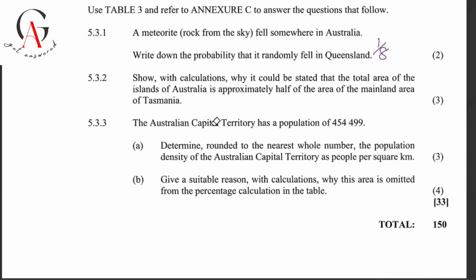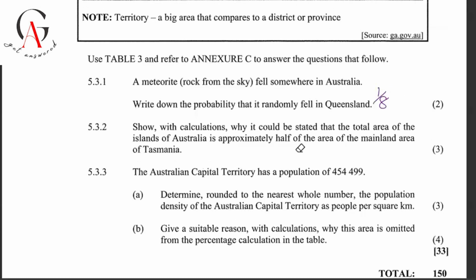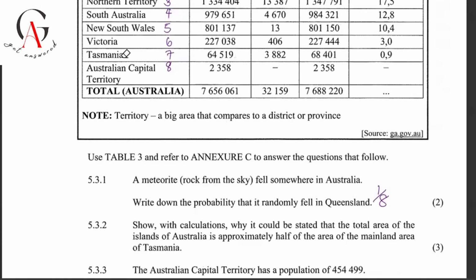So 5.3.2, show with calculations why it could be stated that the total area of the islands of Australia is approximately half the area of the mainland area of Tasmania. So we shall come here and say approximately half. So what's Tasmania there? It has this much. Divide.